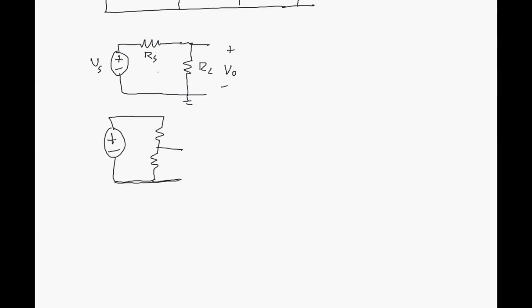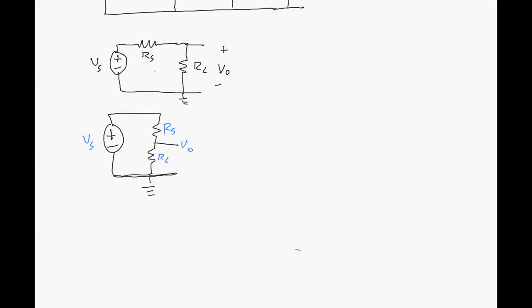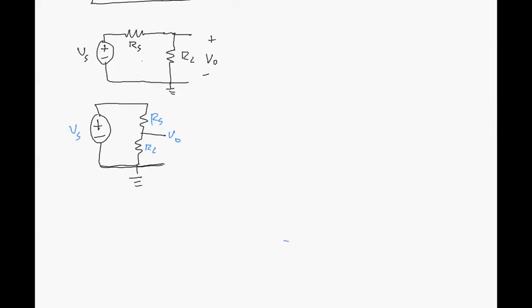We could have ground down here, and we could call this VS, and we've got RS and RL, and V out. These two things are identical circuits, but maybe you're more comfortable with that representation. Either way, it's fine with me.